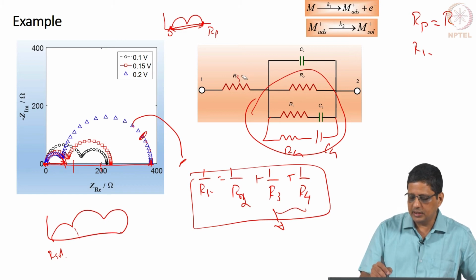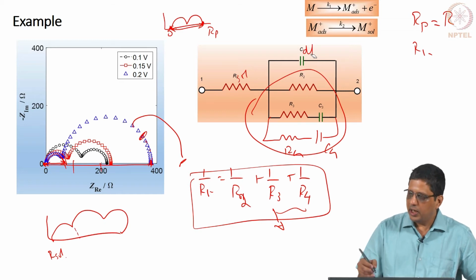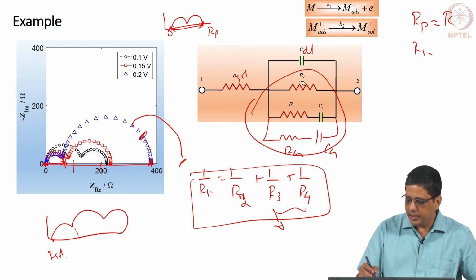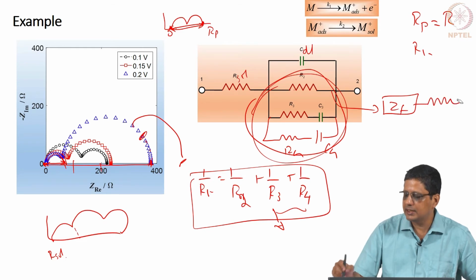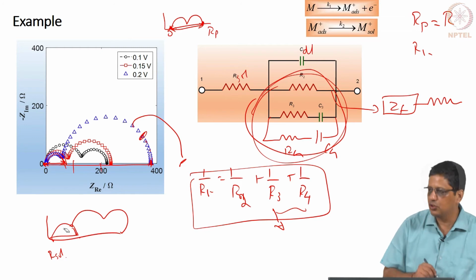This is solution resistance and this is CDL, the double layer capacitance. Now, at infinite frequency, we know the process will have only simple resistive behavior. It is not R2 here, it is the sum of all these things at infinite frequency. ZF at infinite frequency should come out as a resistor. When it comes out as a resistor, this is where it is going to behave.